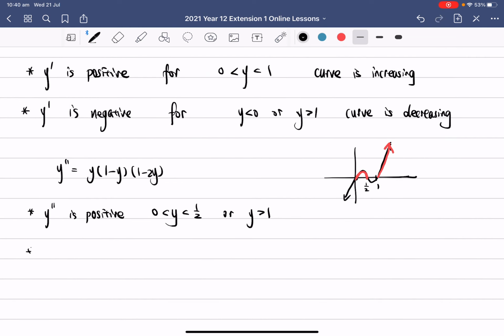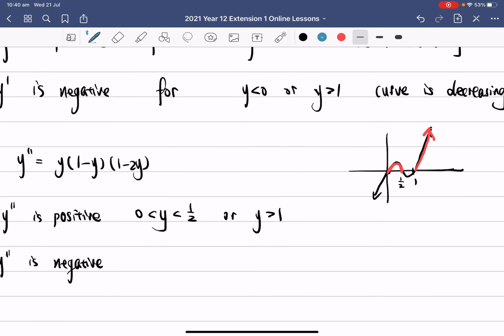The next one is y double dash is negative. Now from the diagram, it's actually pretty good. When you draw one diagram, you can solve two sets of questions. For the second part, less than 0, it's this part here, and that little part is also less than 0. So that's for y that's less than 0, or for y between a half and 1. So what does that mean?